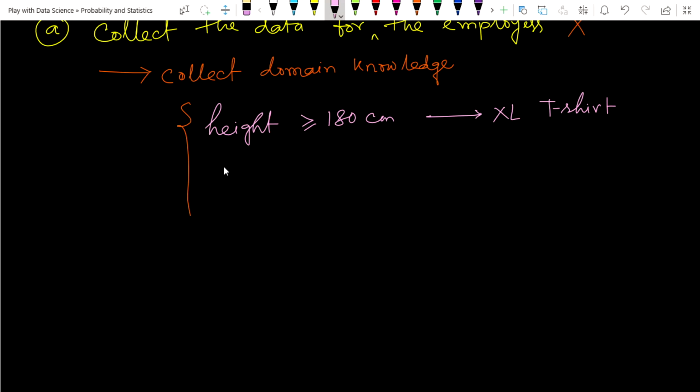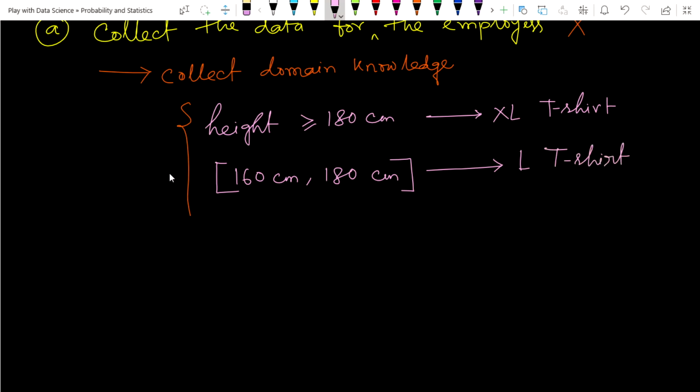In general, if our height is between 160 and 180 centimeters, then humans wear L t-shirts. We will collect that from the human psychologist. This is the simple domain knowledge, expert knowledge.